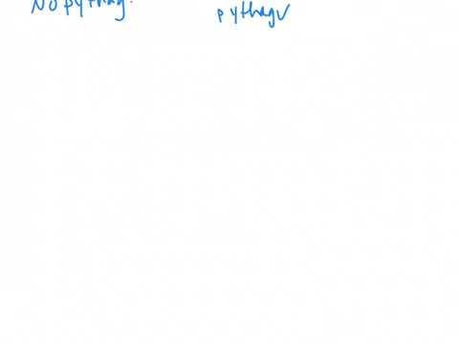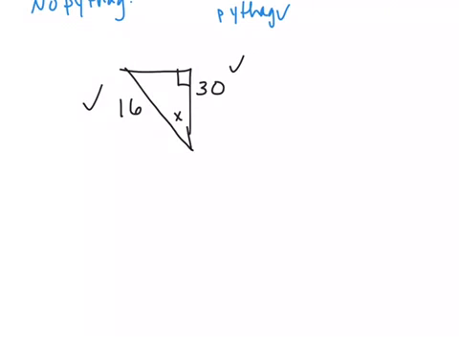I'll do just a couple more. Let's say that we have this right triangle here. This time we know that this is 16, this is 30, and we're looking for the angle. A minute ago I said that for Pythagorean theorem, you have to have two sides. We have two sides already, and we have to be looking for the third side.